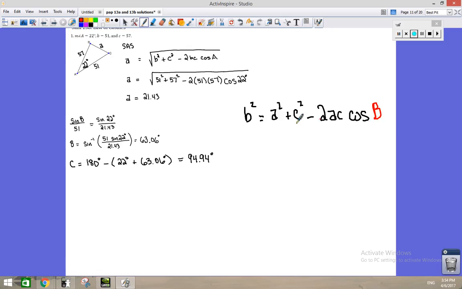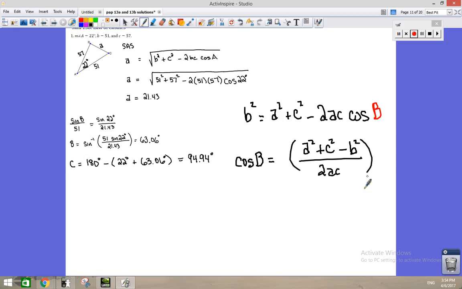So you can already see that this is going to be a more complicated equation than our proportion was. But we can do it. So if we get this cosine of B by itself, well, that means that we'd have A squared plus C squared, and this B squared, these two terms would exchange places, and then I would have a positive 2AC cosine B over here and have to divide by 2AC.